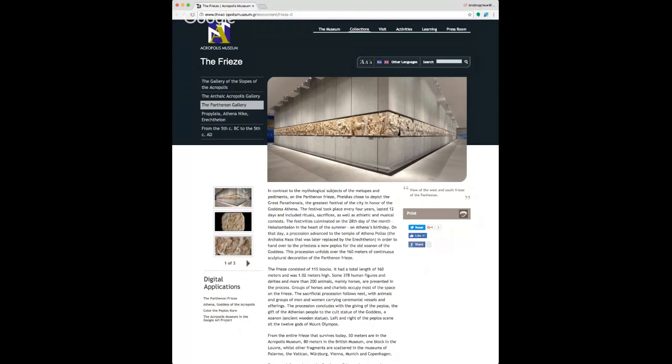There's a replica, but you can actually walk around it, and it's literally right across from where the Parthenon is. So you realize that having these sculptures inside a museum in London doesn't really give you the full effect of what it would have been like for an ancient Athenian who would have seen these on the top of a mountain in a temple.